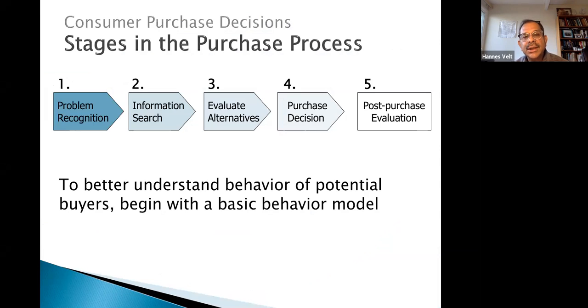So let's just briefly talk about the purchase process. This may be something that you're already familiar with from other marketing courses that you have taken previously. Simple, starting with problem definition, problem recognition, then information search, evaluate alternatives, and make the purchase and post-purchase evaluation.